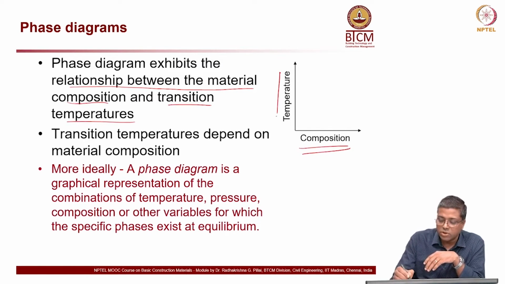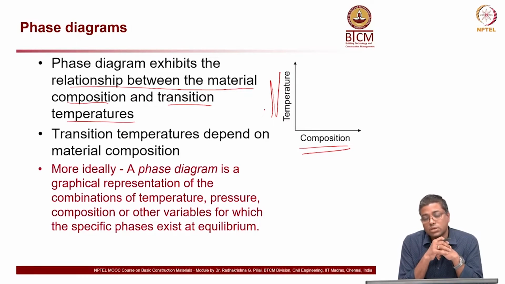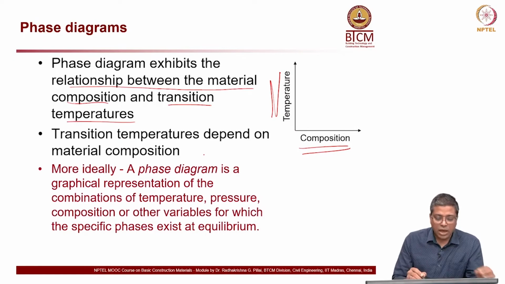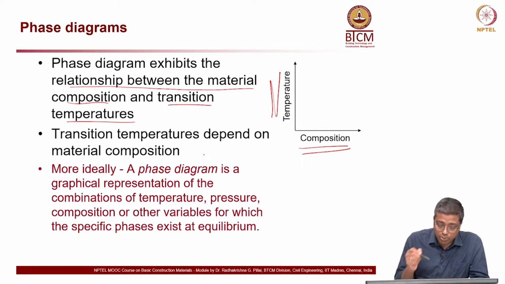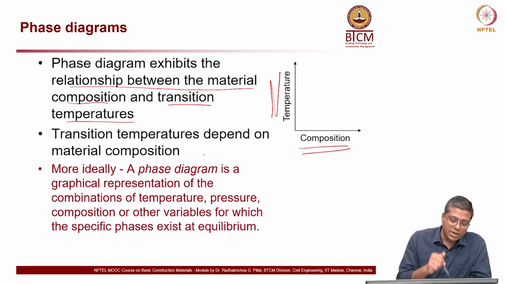So, composition versus transition temperature is essentially the phase diagram. These transition temperatures depend on the material composition. It is not that the transition temperature is the same for all materials. It definitely depends on the combination of the materials or the mixture proportion of the material.